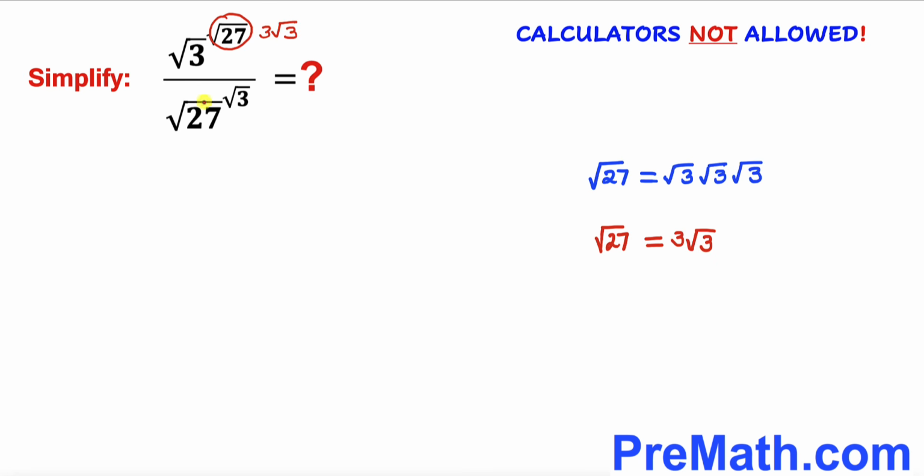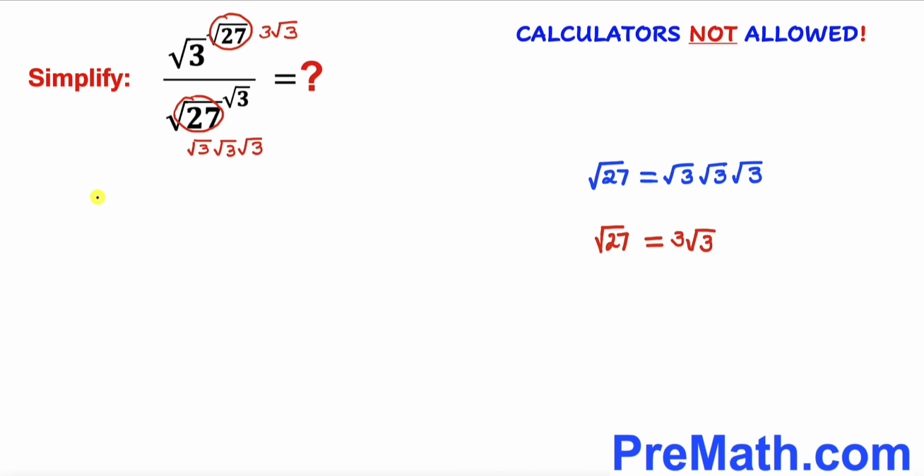And now let's focus on this base square root of 27 at the denominator. And we know square root of 27 could be written as square root of 3 times square root of 3 times square root of 3. So therefore I'm going to replace this base square root of 27 with square root of 3 times square root of 3 times square root of 3 over here.